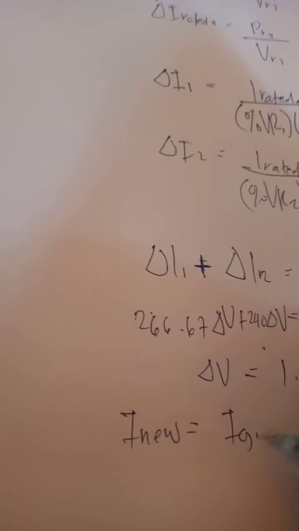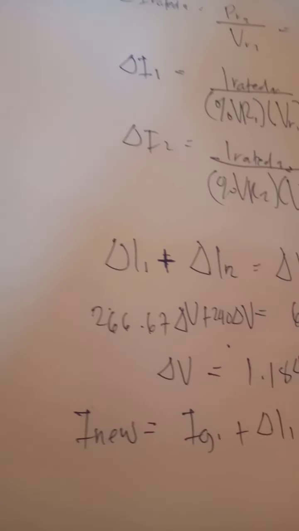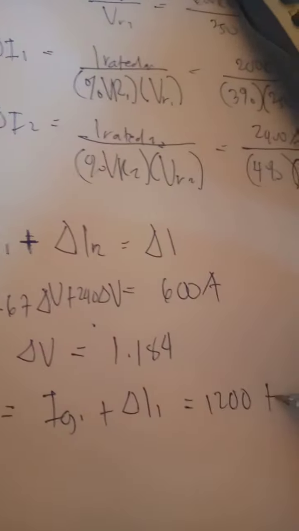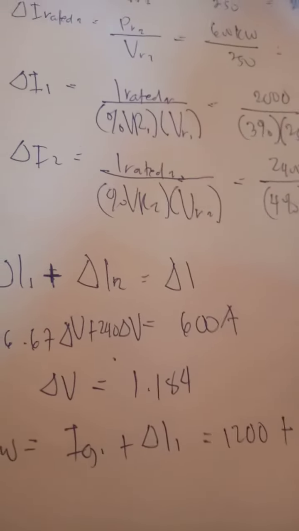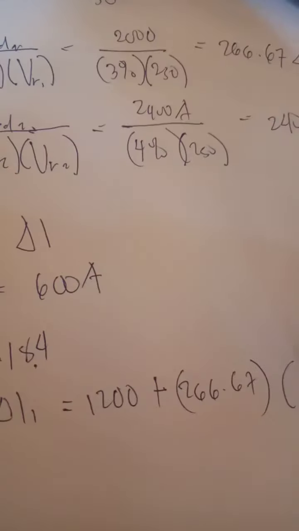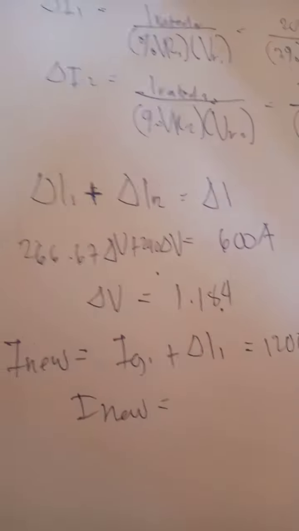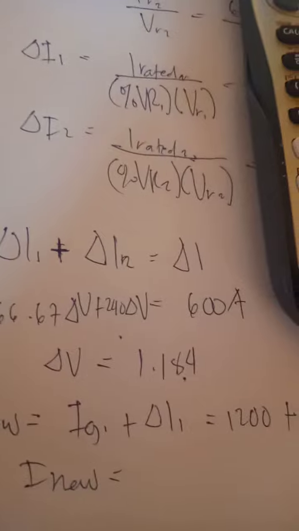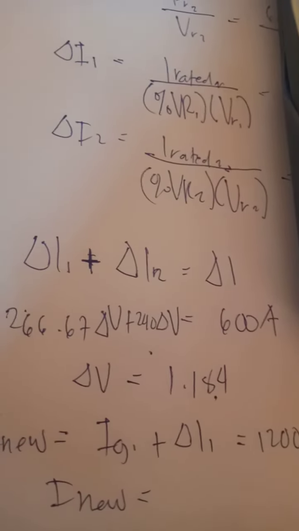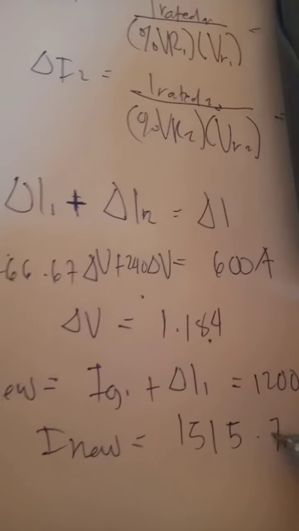I new 1 is equal to IG1 plus delta I1, and that's equal to our rated IG1, 1200, plus delta I1, which is 266.67 delta V, with delta V equal to 1.184. That's 1515.79 amperes.